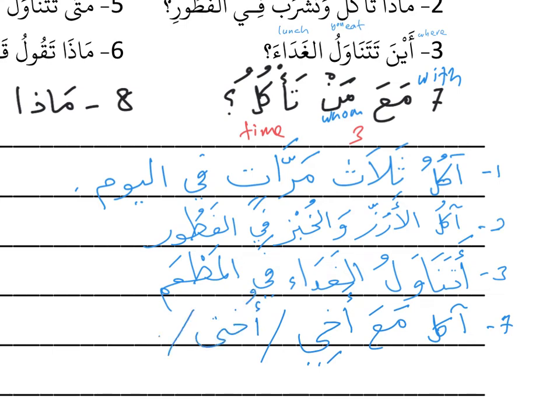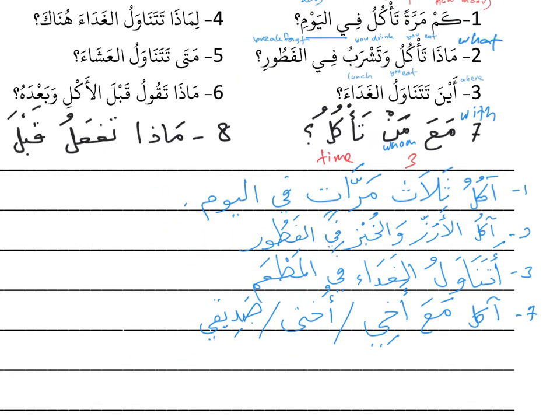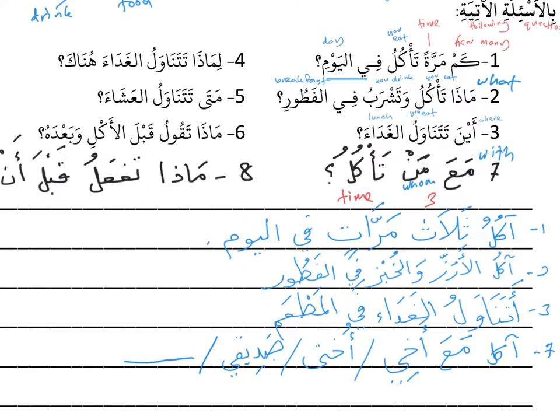Ma'a sadiqi. Sadiq is the word for friend. Or if you do not know what to put, then you just put their names. Ma'a Ahmad, Ma'a Ali, Ma'a Fatima, and so on. So remember this phrase, Ma'a man.